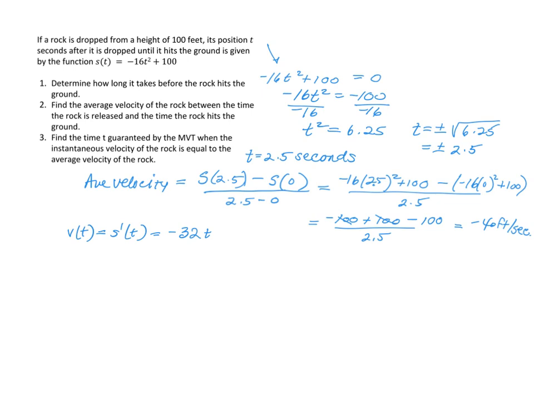Simple derivative. We want to find out where that is equal to negative 40. So we divide both sides by negative 32, and we get 1.25. So after 1.25 seconds, the instantaneous velocity will be negative 40 feet per second. All right, so that's our answer.